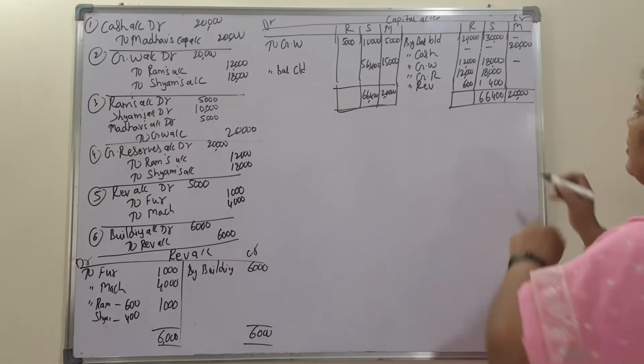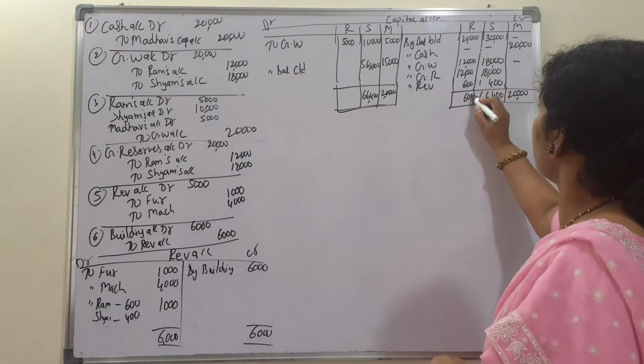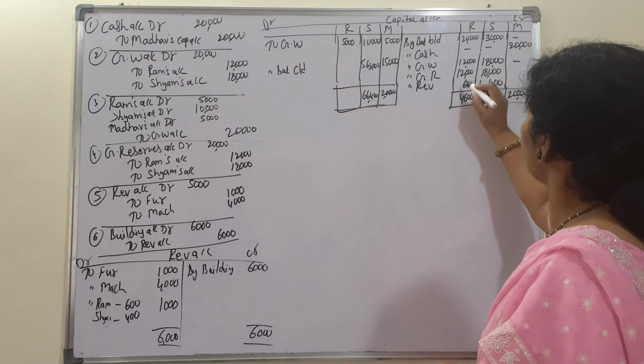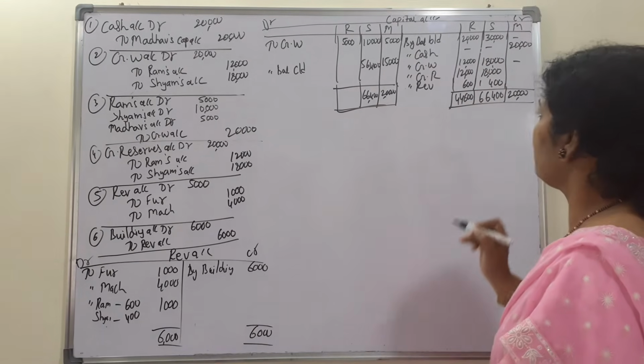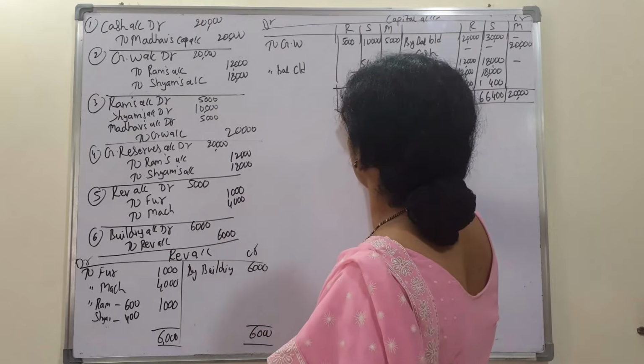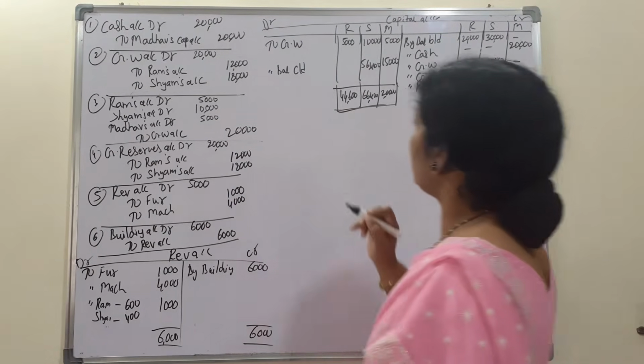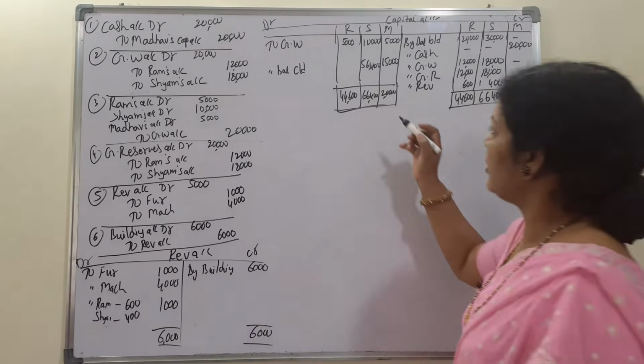Next this one is here, it is 600 and 44,600. 44,600 minus 5,000, 39,600.